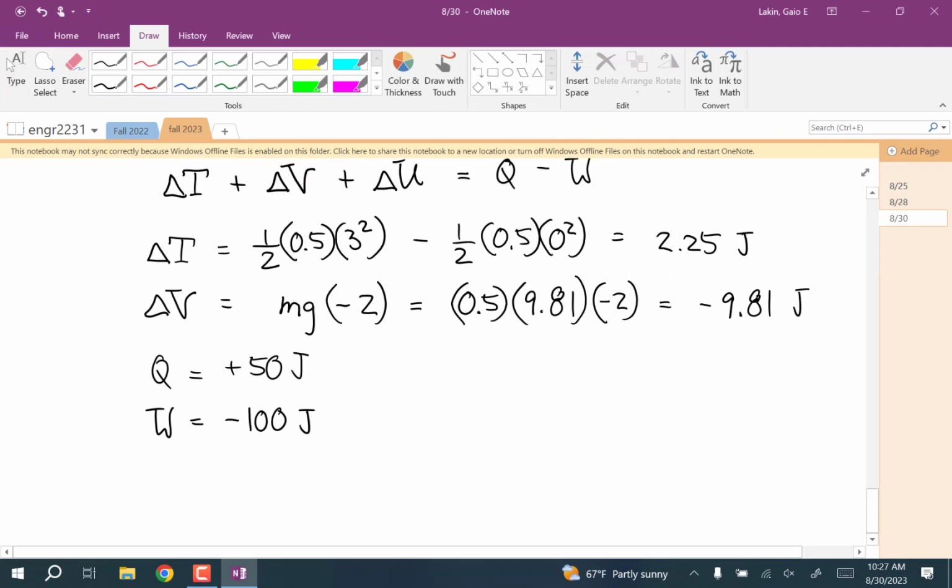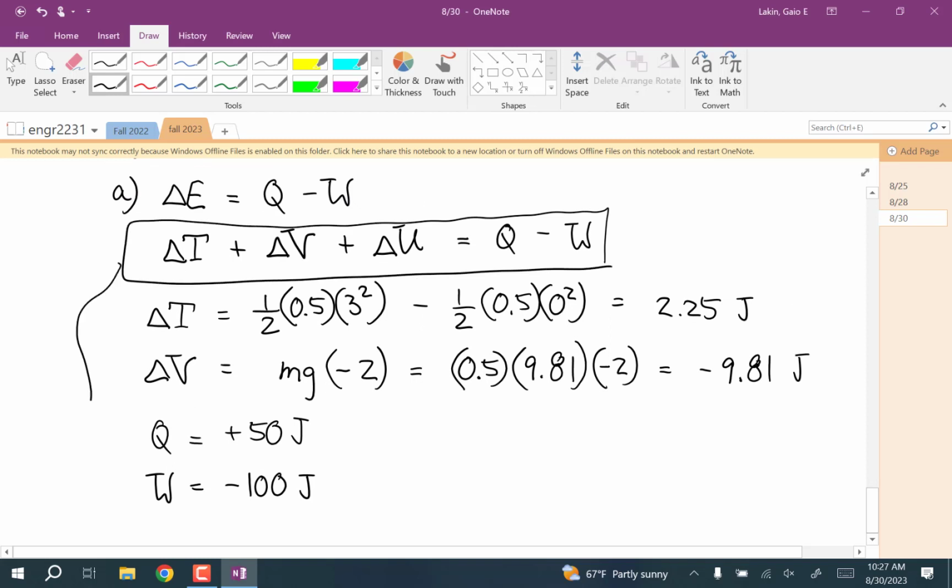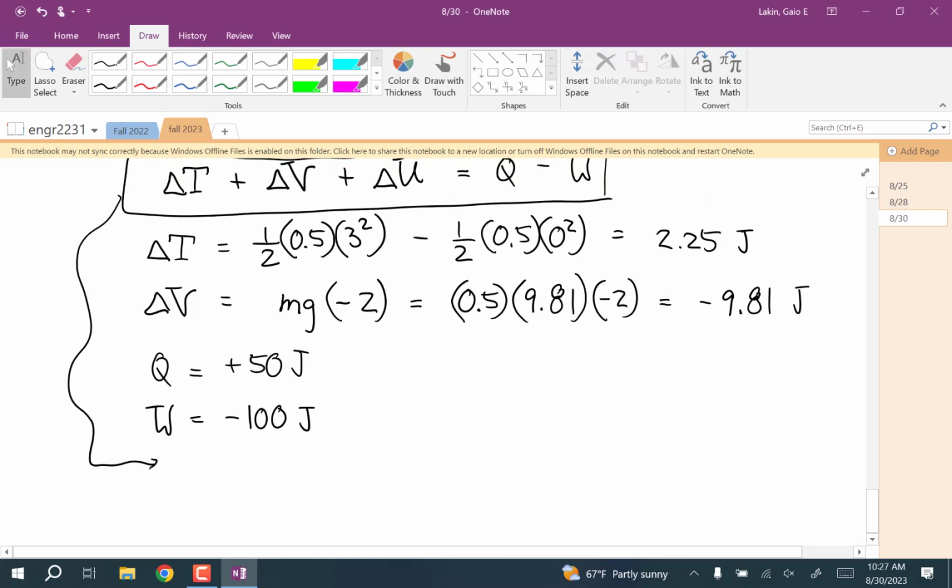And now let's put this all into the equation. This is sort of our expanded equation. So we have 2.25 minus 9.81 plus delta U is equal to 50 minus -100.